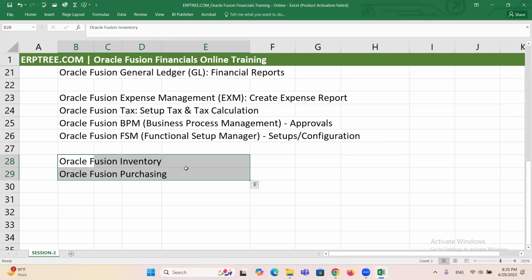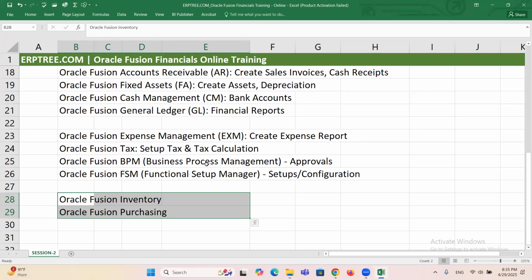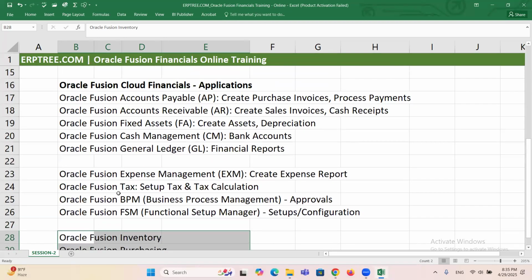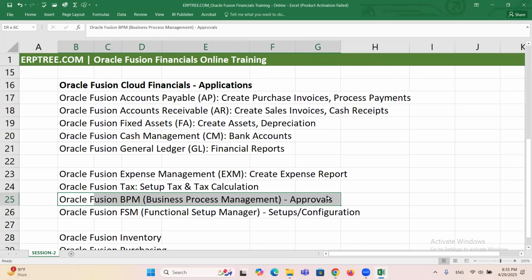Any other questions? So, sir, Oracle Fusion Business Process Management, you said middleware. No, I'm not saying it is part of middleware. It sits in middleware. Forget about where it sits, whether on top or lower; it doesn't matter for us. What we have to understand at this stage is that this is one of the applications, and its purpose is to set the approvals for the transactions. That's it.